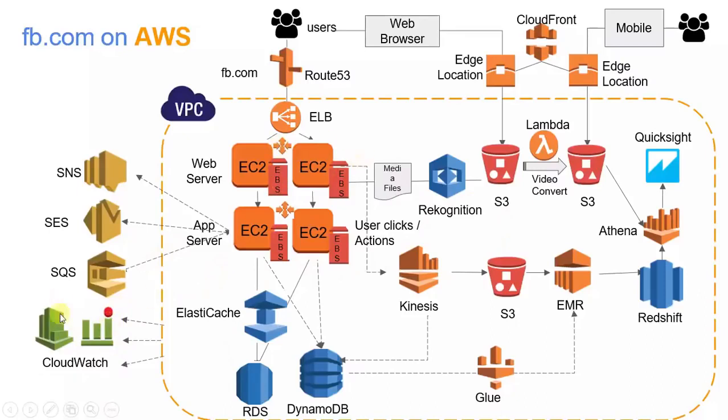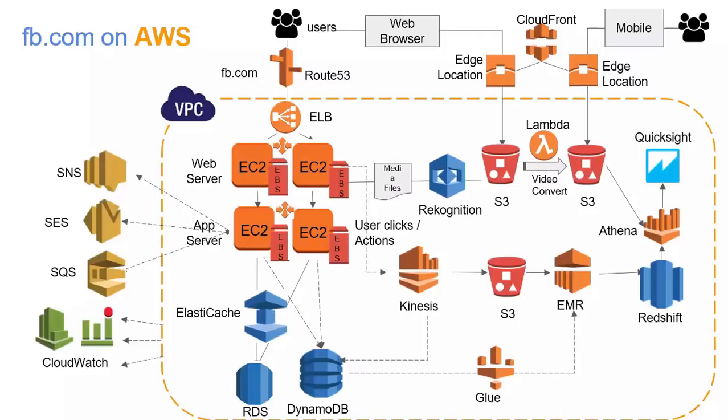All this can be done using CloudWatch alarms. Okay, so I think we have completely replaced what we did on premises with AWS services, and I hope you got some idea about all these basic AWS services.